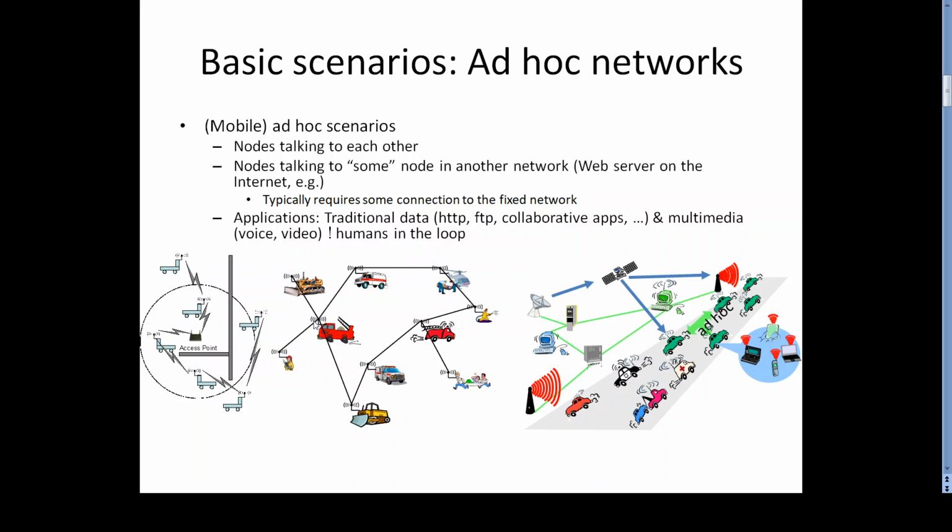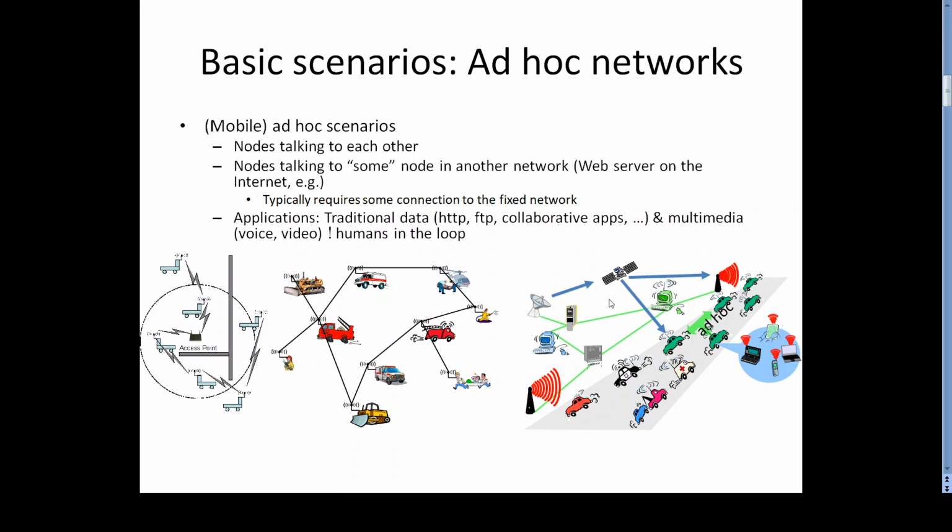The devices are not always moving; devices can be fixed also. See this example, we have the access point here. This one is fixed and all these are moving. All the information will be accessed through this access point, whether sending or receiving.